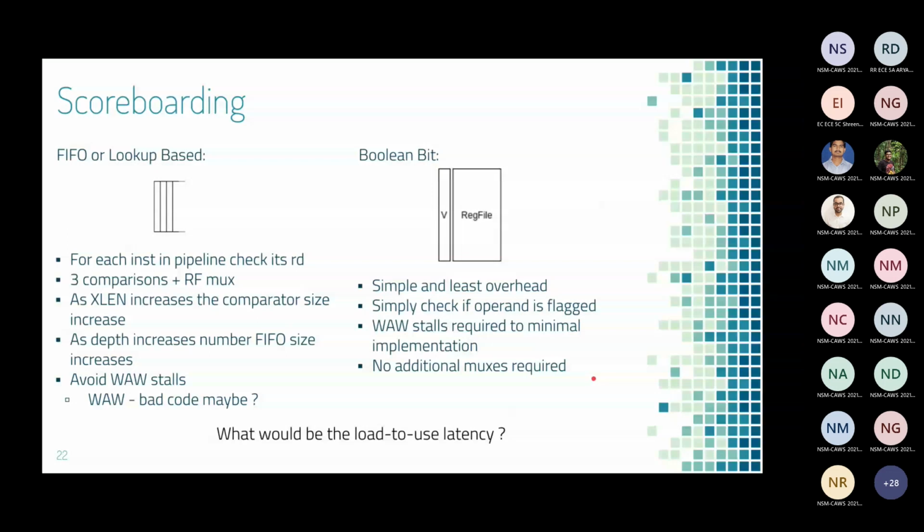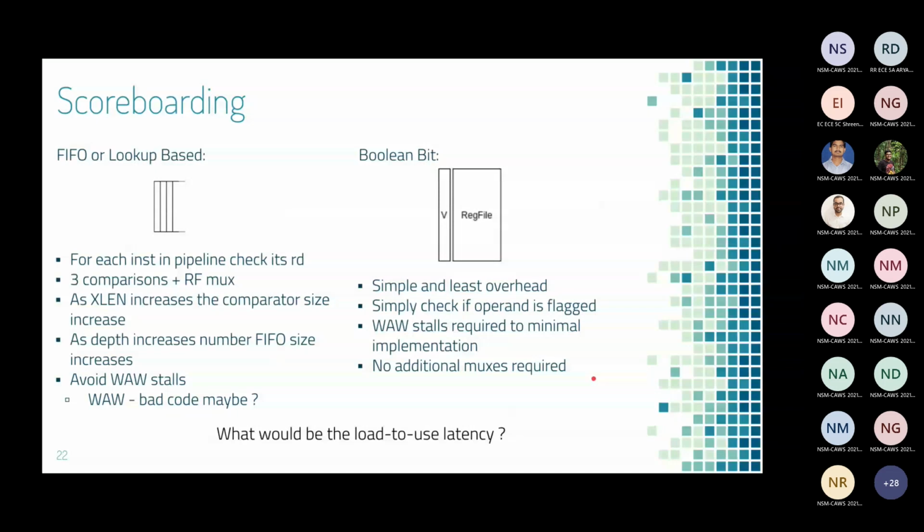So we have both those mechanisms in Chromite. You can choose that configuration, whether you want scoreboarding or you want to stall completely. Both of those mechanisms exist. The major hazards that scoreboarding will address are read after write and write after write. Those are the two important hazards that scoreboarding will help you alleviate.